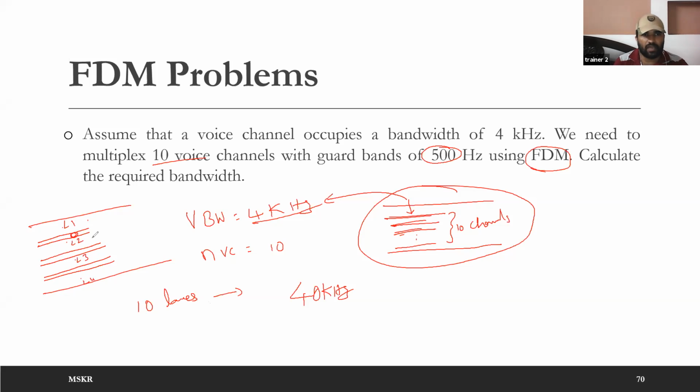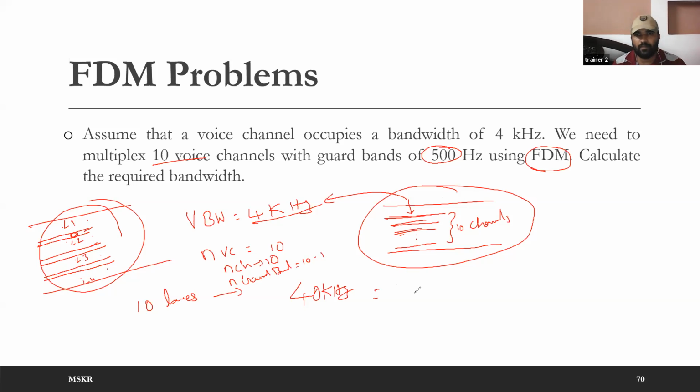So here, if you have 4 lanes, how many gaps do you need? I'm talking about this example first. 3. So when the number of lanes is n, the number of gaps will be n minus 1. In the same way, if the number of channels is 10, the number of guard bands will be 10 minus 1.